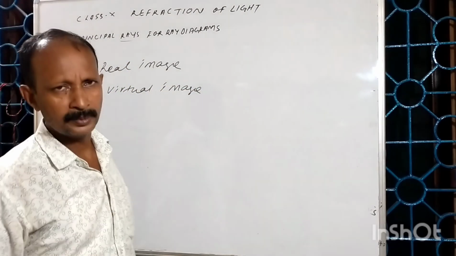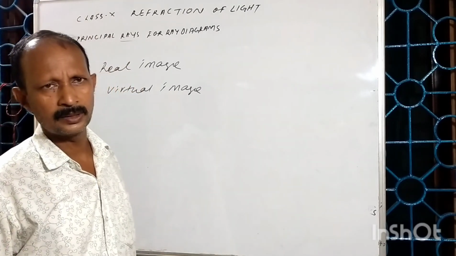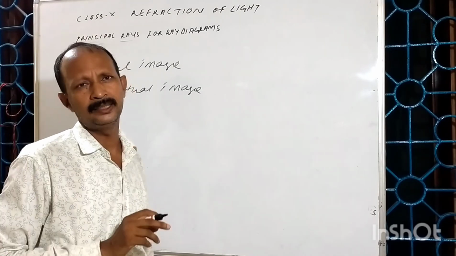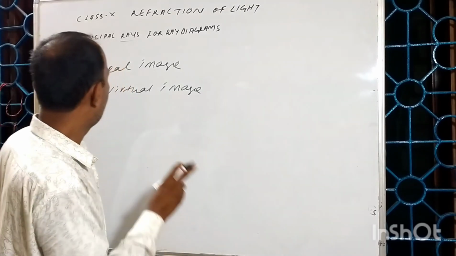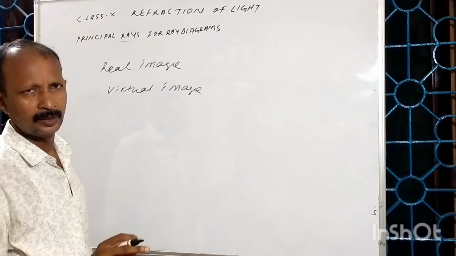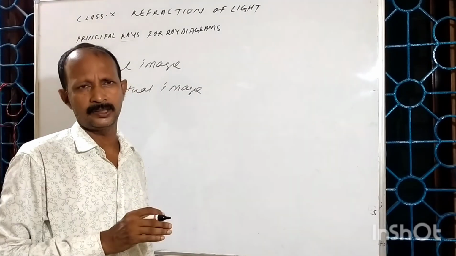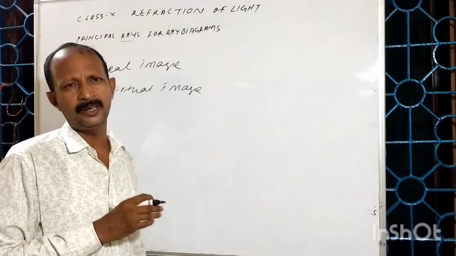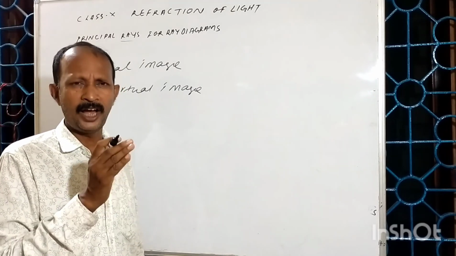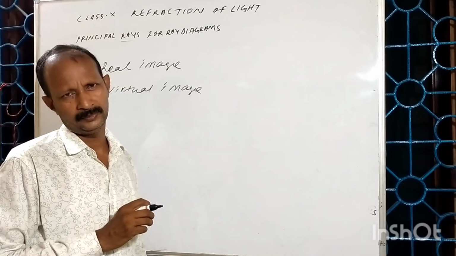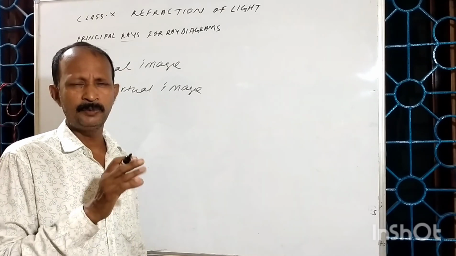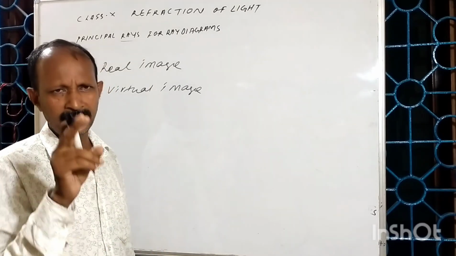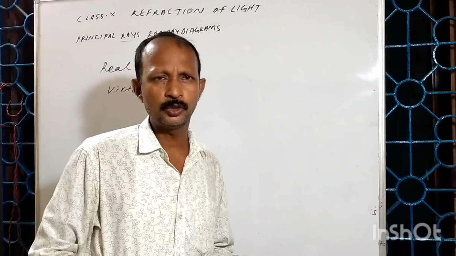A real image is formed when two light rays, at least two rays, meet really. And a virtual image is formed when the two light rays, after refraction, appear to be diverging from a common point. Or you can say that if the refracted rays are produced backward, they meet at a point. In that case, we get the virtual image.